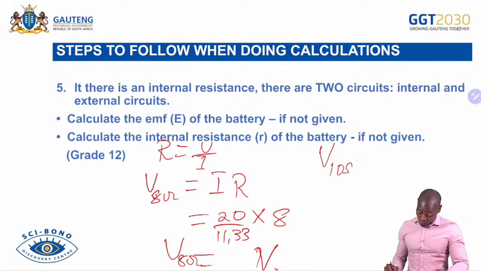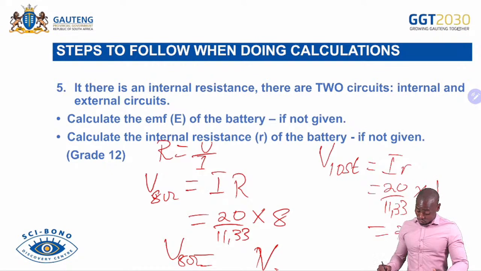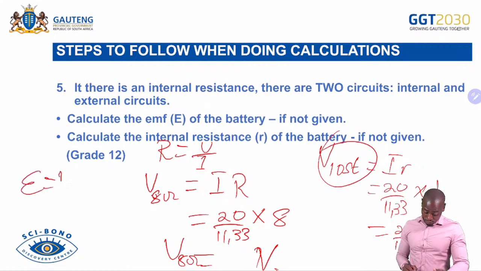Another thing you can do, remember you have the total current, you can also calculate the lost volts, all right? Which is your Ir. So your Ir is 20 over 11.33 multiplied by the internal resistance, which we were given as 1. Then here we have 20 over 11.33 volts. So you have lost volts. So E equals V external plus V lost, right?